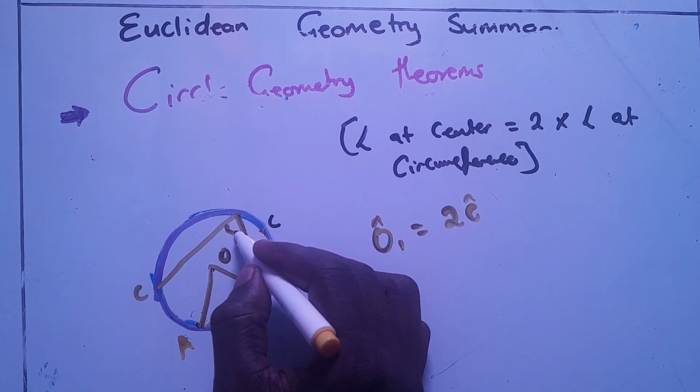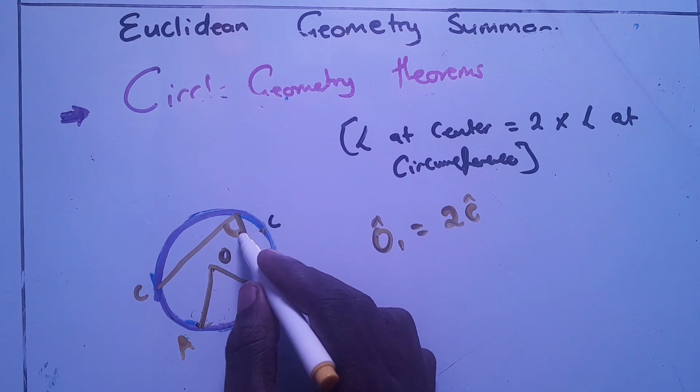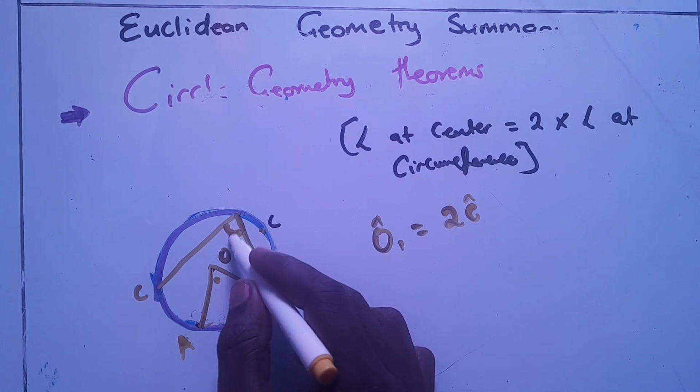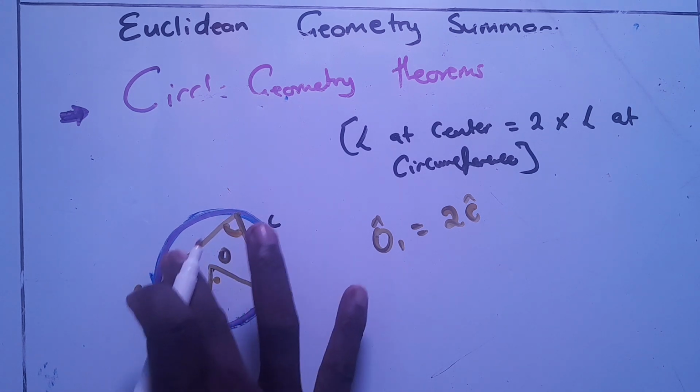So this angle will never be 2 times, never be half of this. There's no relationship between this angle and this angle because they're not given by the same chord. Chord AB gave us O, but this angle is given by the chord CB. So that will never be the case.